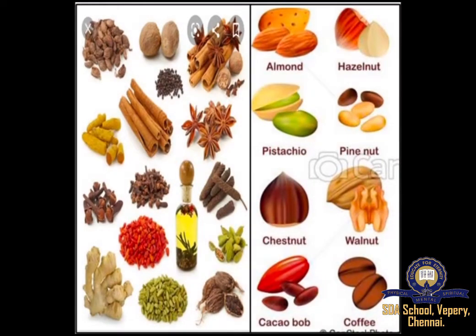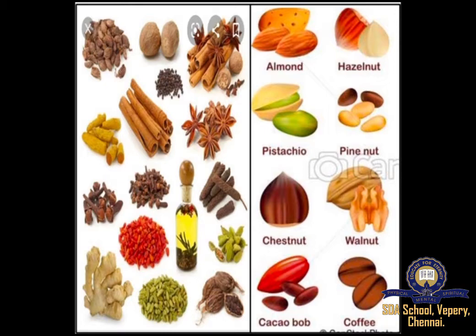Then next, spices and nuts. Do you all remember these pictures? Can you name some of the spices and nuts? Yes, aniseed, cardamom, turmeric, clove, cumin seed, ginger. All these come under spices category.